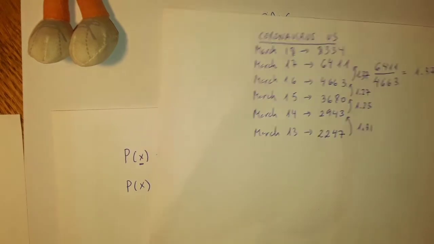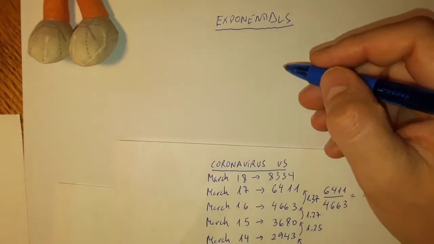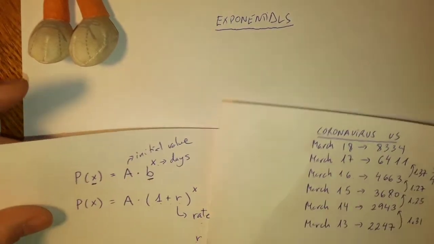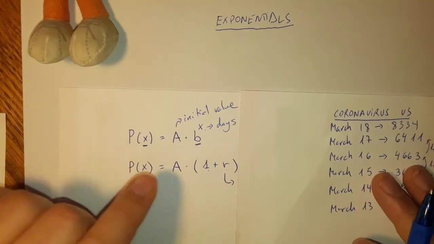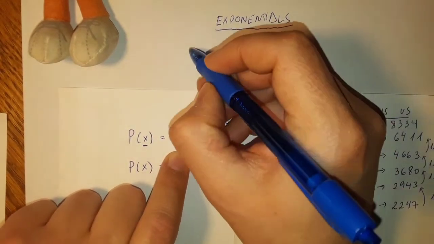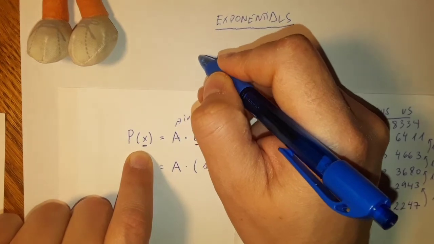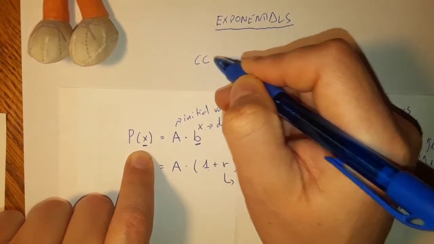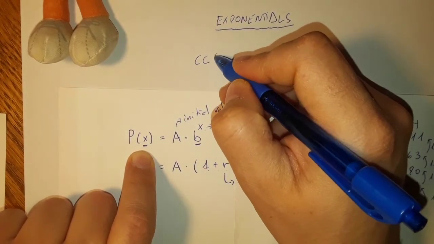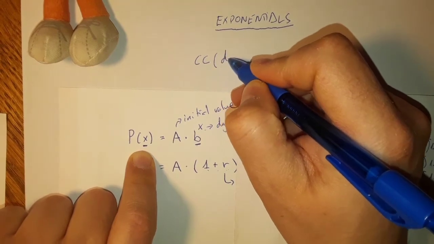What we're gonna write for our base is, okay, so I'm gonna try to write it here. Instead of P, I'm gonna use CC for coronavirus cases. Instead of X, I'm gonna use T for days.